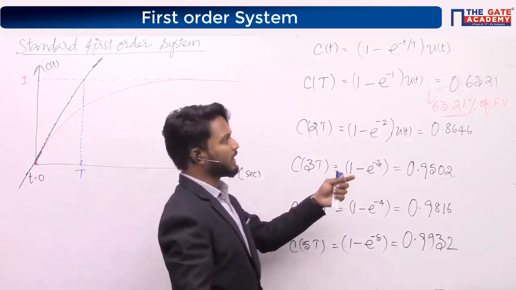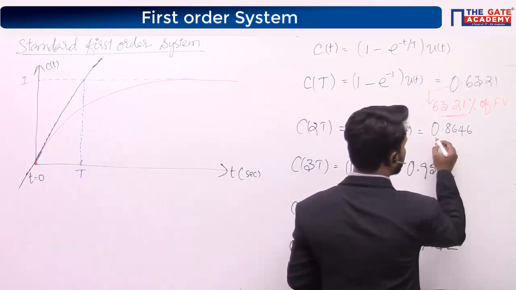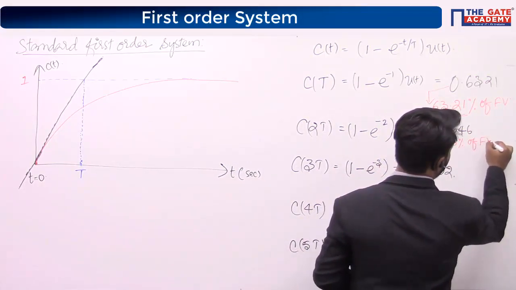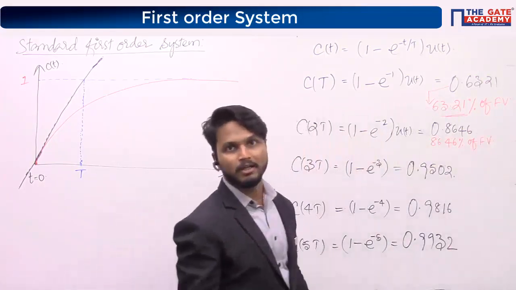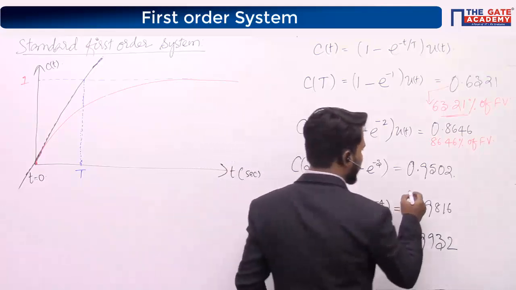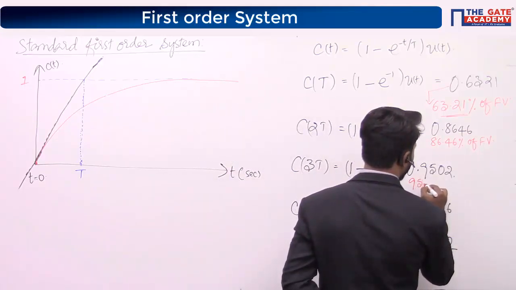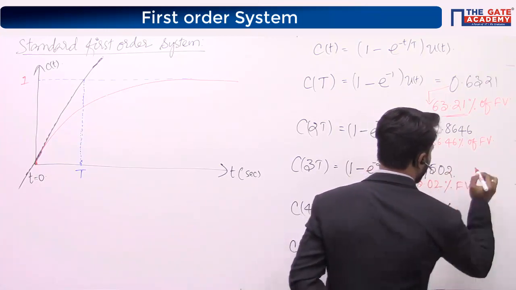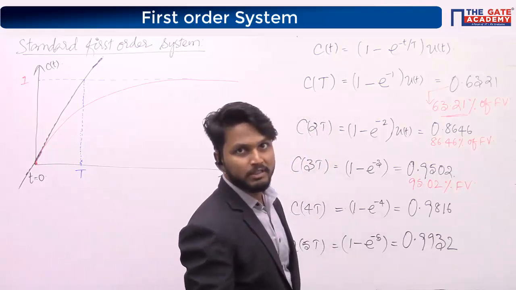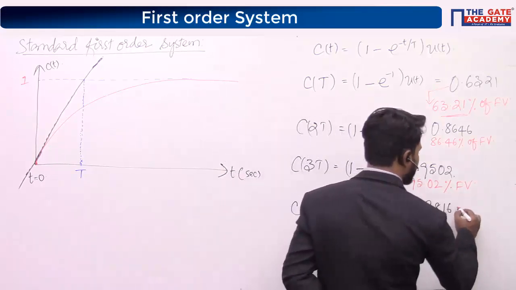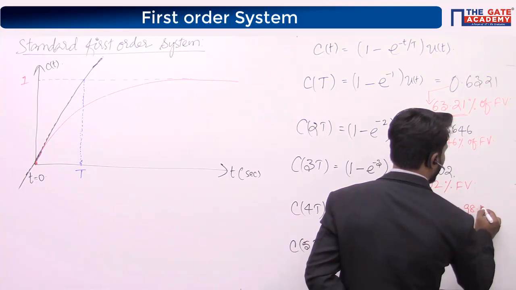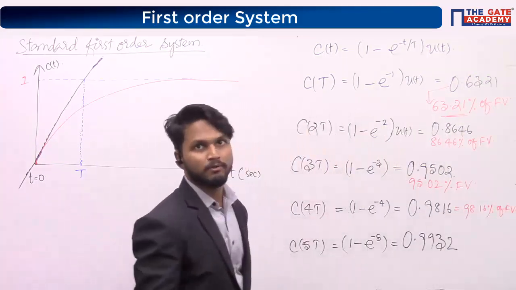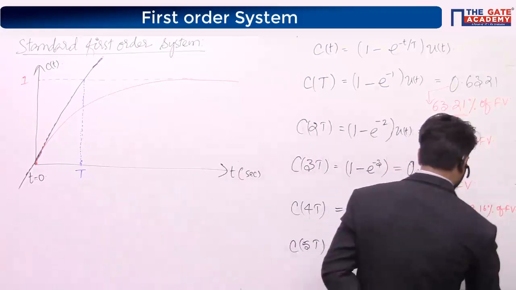So similarly, I can call 0.8646 as 86.46% of final value, and this value as 95.02% of final value. This is 98.16% of final value, and this is 99.32% of final value.